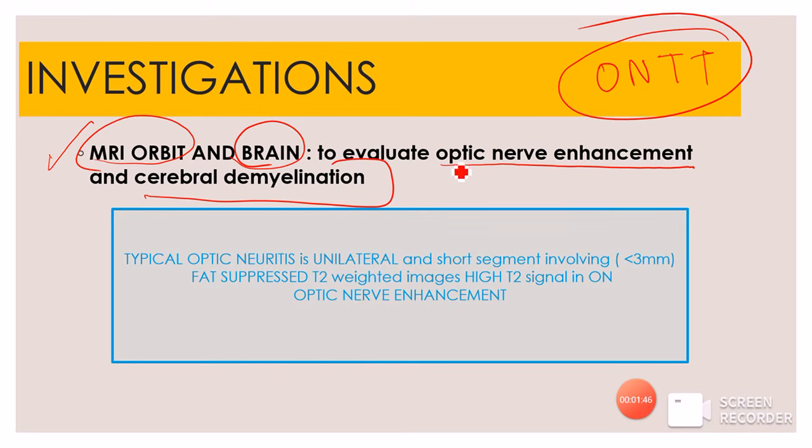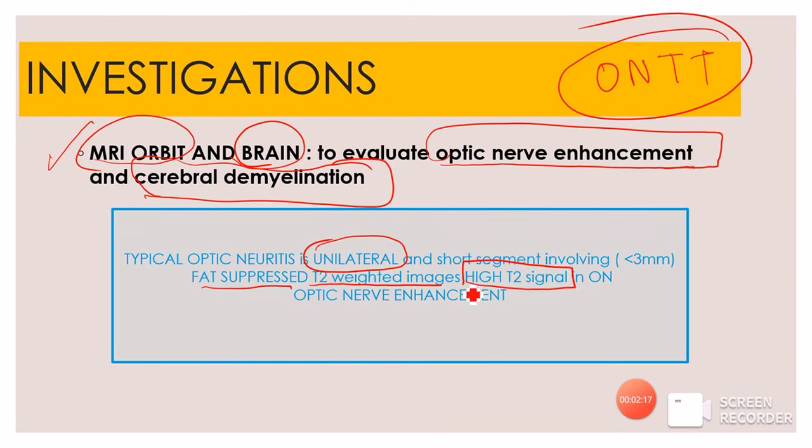Now, optic nerve enhancement is not something we usually send patients for in an MRI orbit. What we basically should use the imaging for is to rule out MS and to look for cerebral lesions and cerebral demyelination. A typical case of optic neuritis will be unilateral and will show optic nerve enhancement. This will be seen on T2 weighted, fat suppressed images, and usually we see a high T2 signal of the optic nerve, right?